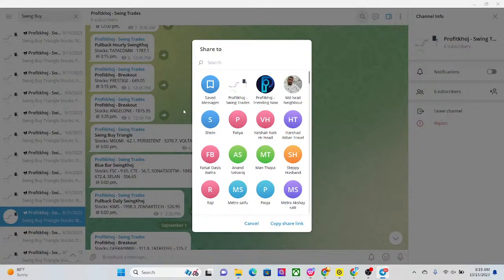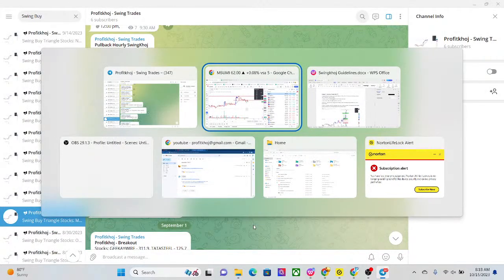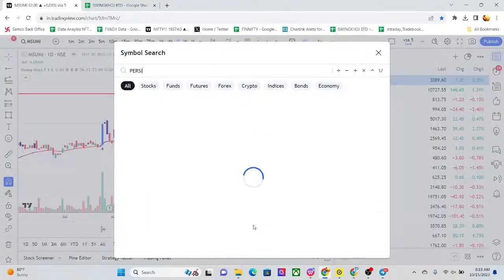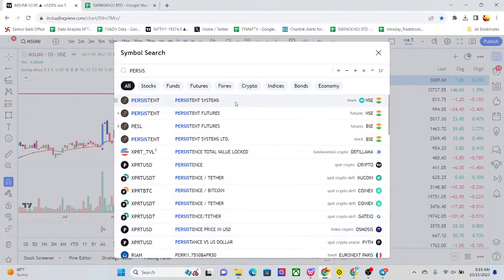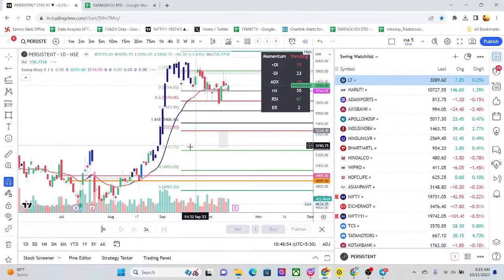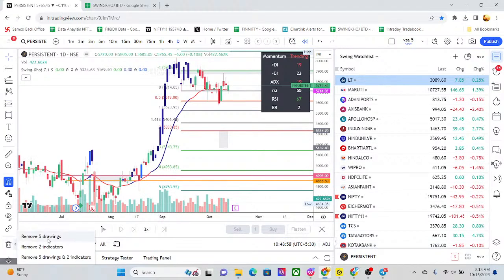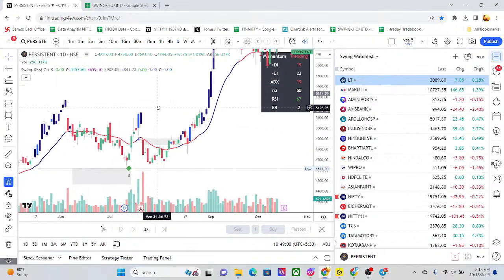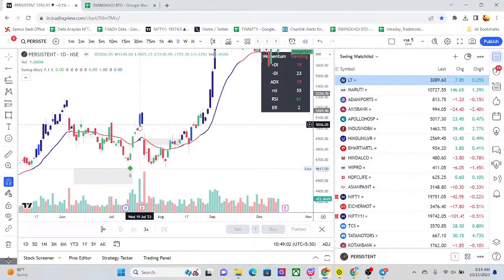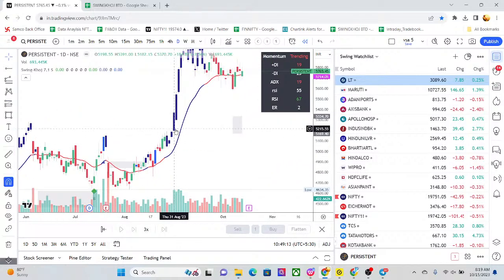So next is Persistent and Voltas. 31st August. Okay, so this is the 31st August candle.